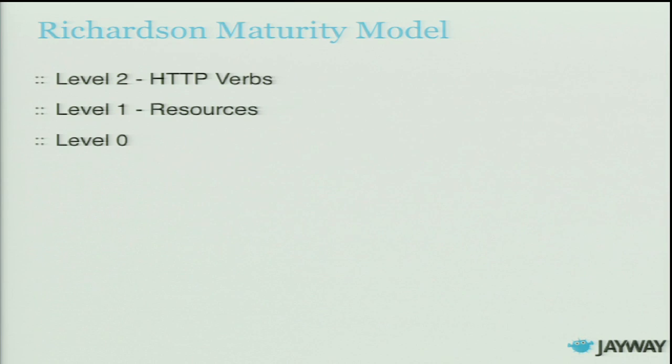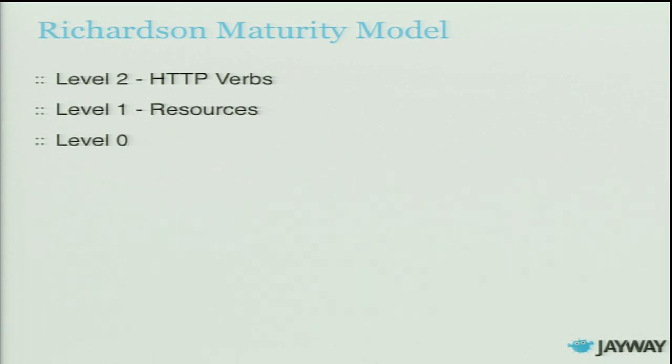So all communication is typically done through POST to some URI. At level 1, you start using different resources for different things. You might have a book resource, or a purchasing resource, or a downloading resource, things like that. But you still don't use the different verbs for what they are supposed to be.